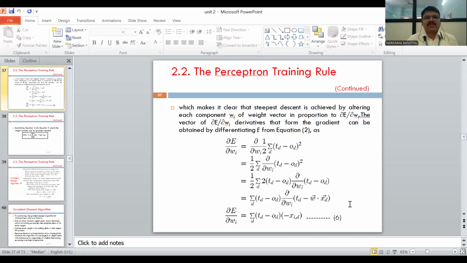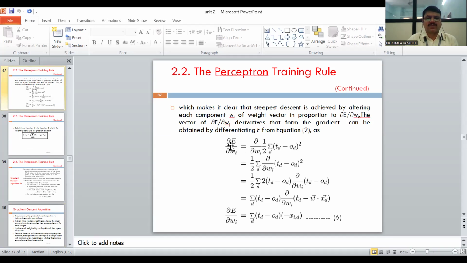This makes it clear that steepest descent is achieved by altering each component Wi of the weight vector in proportion to dou E by dou Wi. The vector of dou E by dou Wi derivatives that form the gradient can be obtained by differentiating E from equation 2.